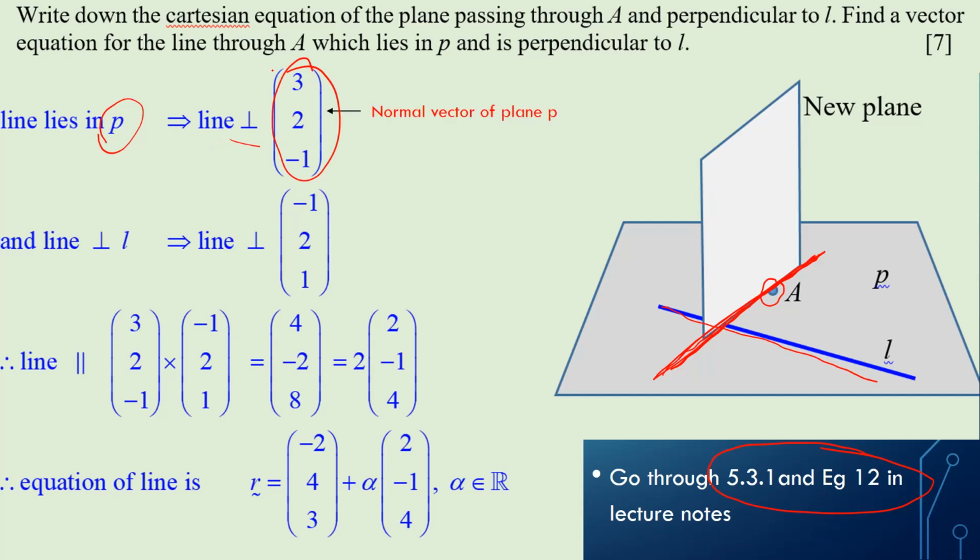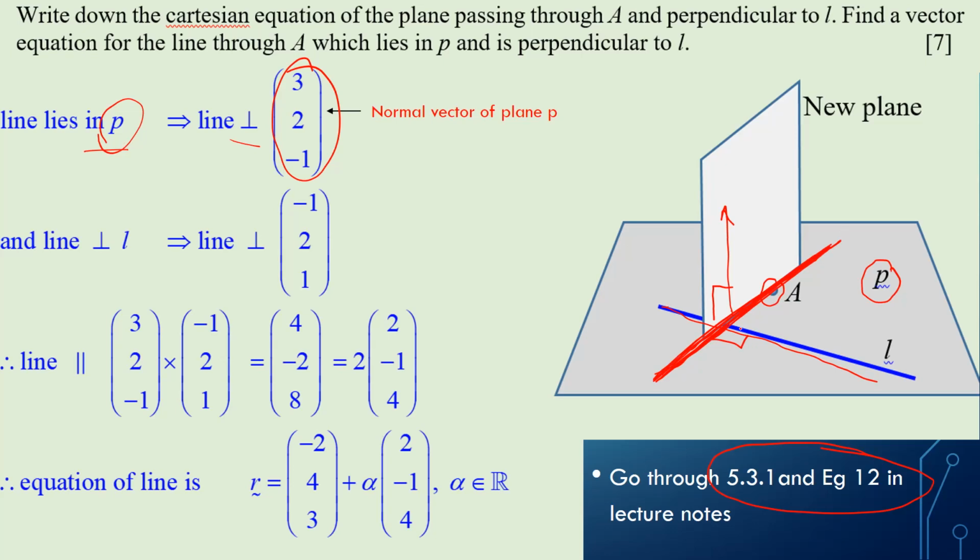And what is 3, 2, minus 1? It is the normal vector of the plane P. So this is plane P, this is the normal vector. Follow my drawing, they are perpendicular. Then this red line that I'm interested in is supposed to be perpendicular to my blue line as well.